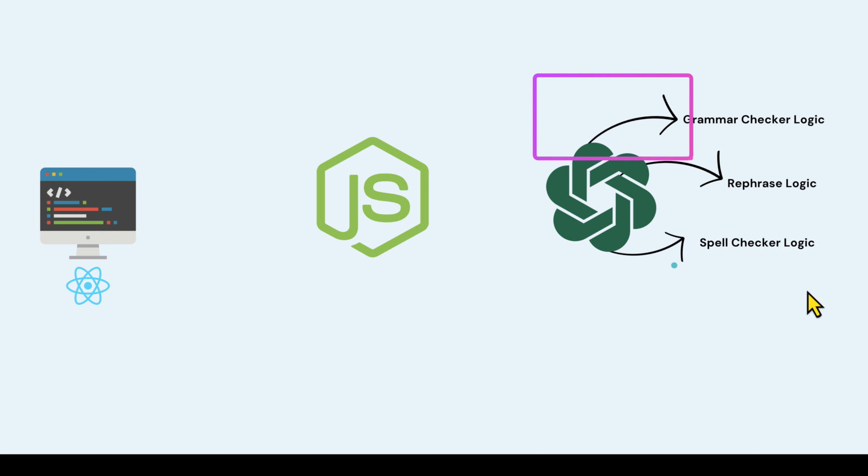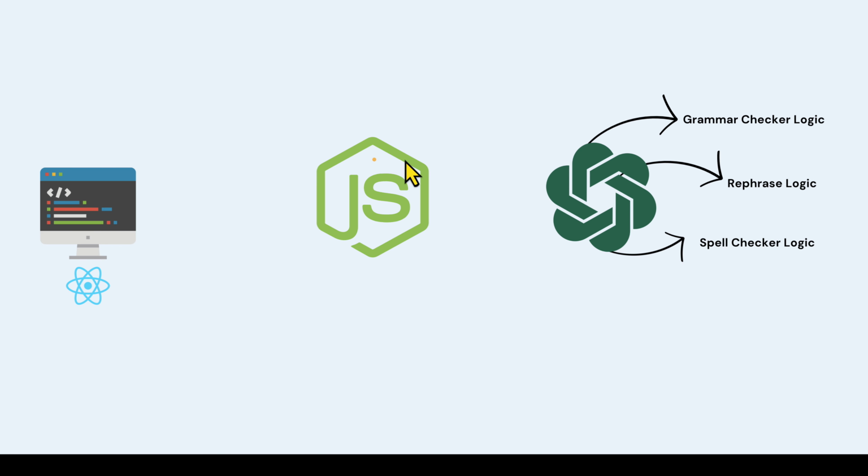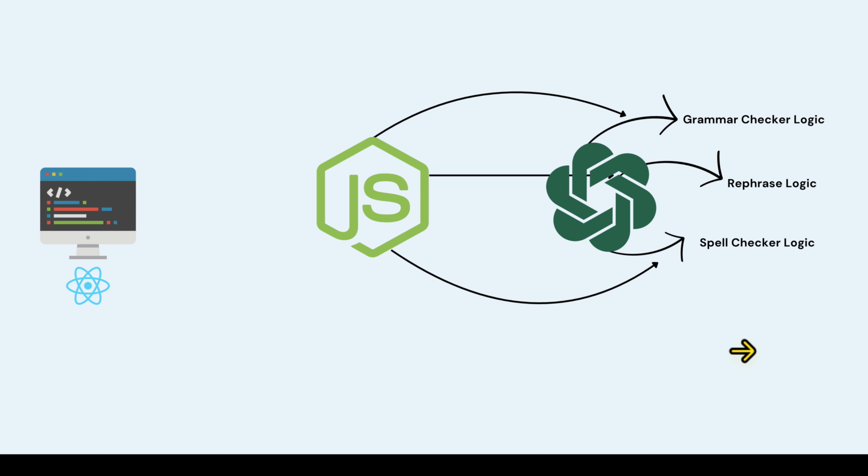Now, after we have prompted or fine-tuned OpenAI, it is time for us to use our backend to consume these logics. This means that we're going to have an endpoint that's going to consume this logic called grammar checker, likewise the spell checker, and then the rephrasing.